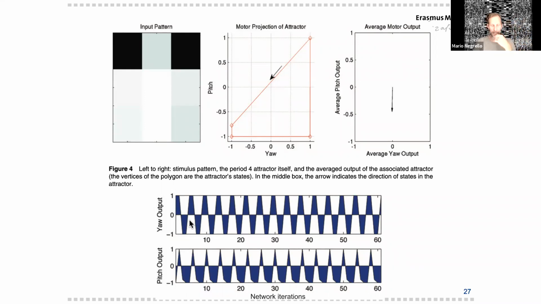And what you see here is network iterations. This is a discrete time neural network, so you have 50, 60 iterations of the network, and it's going up and down quickly. It's basically producing an output frequency that can be seen as activation of motors.